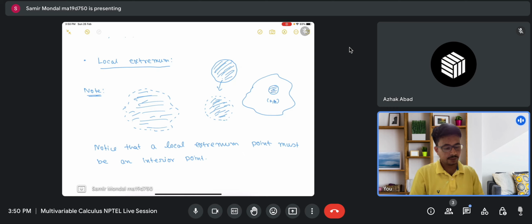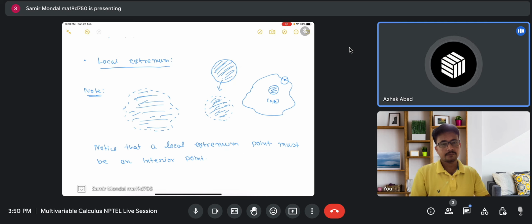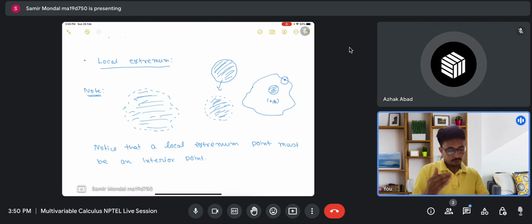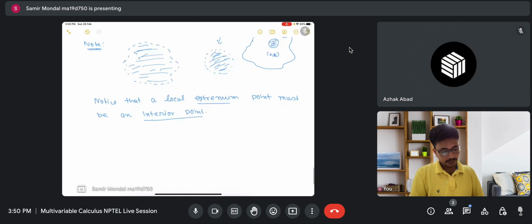But if this is your boundary point, we will not get any open disk that is contained in the region, because the open disk goes outside. Is it or not? Yes, sir. So when we are talking about local extrema, your point must be an interior point.